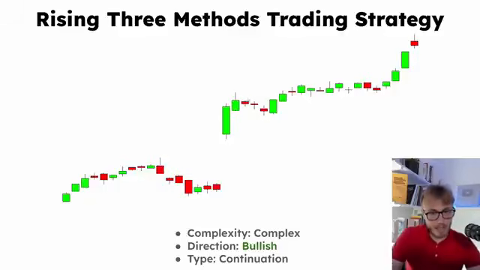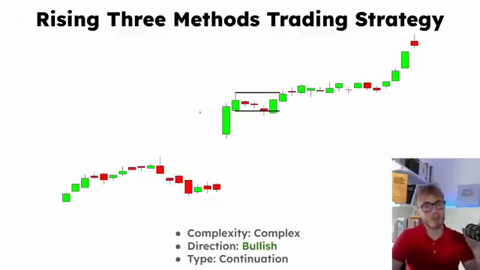For the next 3 candles, you can see we have 3 small red candles with very small real bodies, and that is exactly what we want to see. But here, and this is on the edge, the third red candle is pushing a bit too low. If we take a look, the red real body is contained within the first green candle, and that is exactly what we want to see.